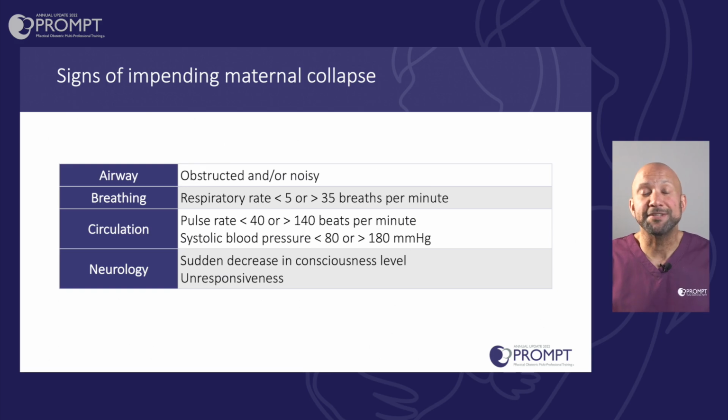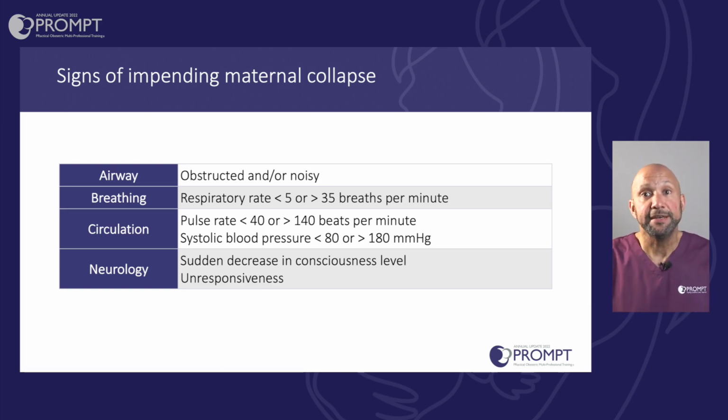So what are the potential signs of impending maternal collapse? All the way through, it's useful to think about airway, breathing, circulation, and disability or neurological things. In terms of airway, does the breathing seem obstructed or noisy? In terms of breathing, is the respiratory rate very low or very high?